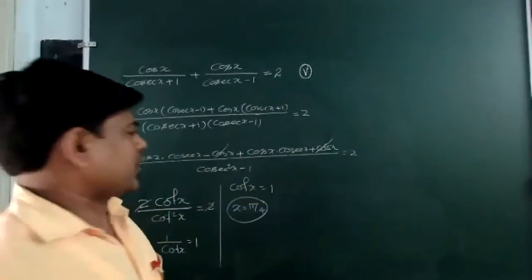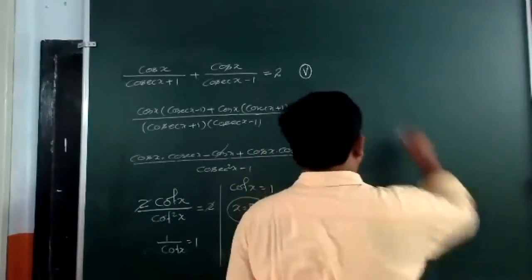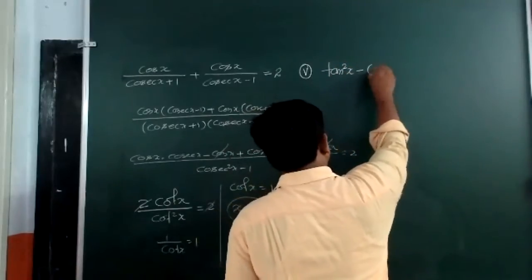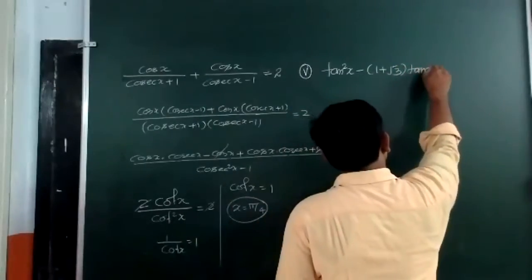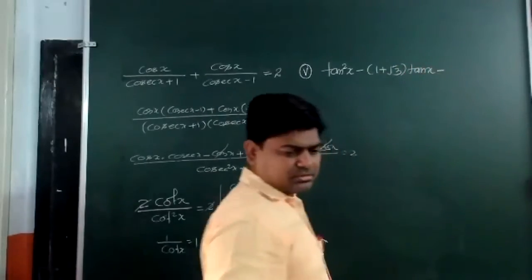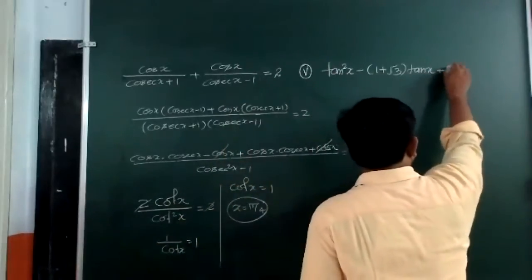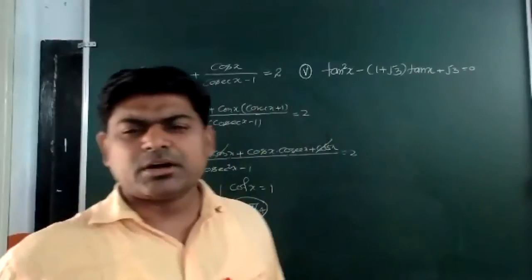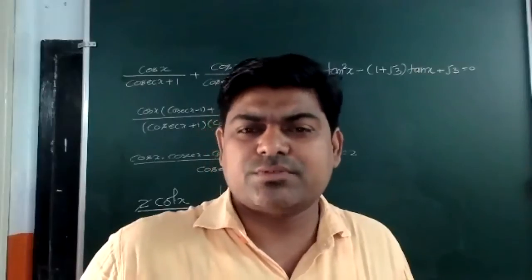Okay. The fifth one has been given something like this: tan square x minus (1 plus root 3) tan x plus root 3 is equal to 0.